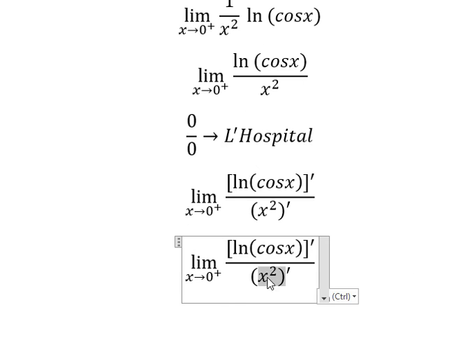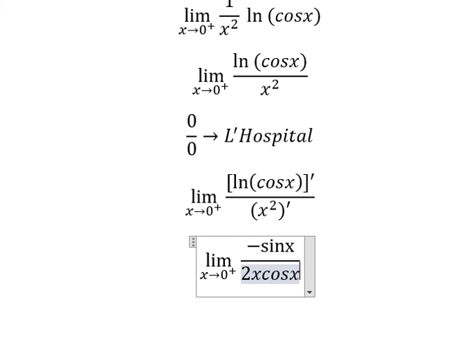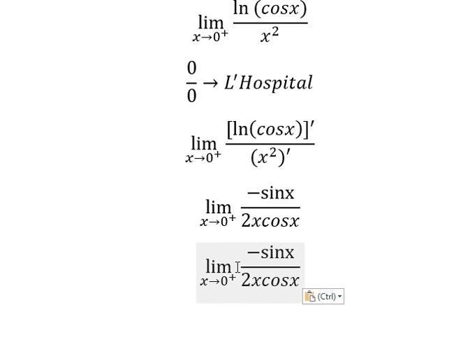So first the derivative of x squared, we have 2x. This one we have negative sine x over cosine x. Next, this one we can put like this.